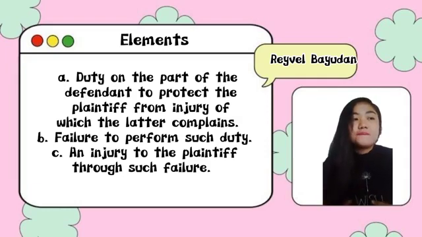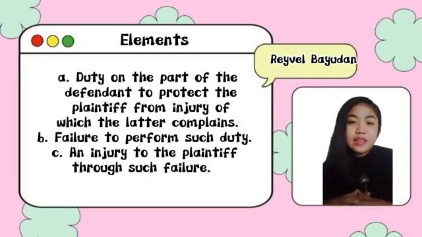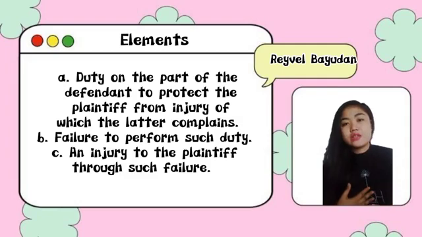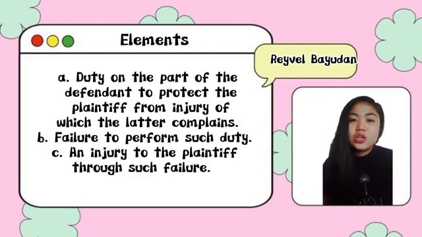So, in this example, Paulo is a passenger. So, there is a contract between Paulo and the owner of the taxi company. So, ano yung contract nila? Ang contract nila is, syempre, magbabayad naman si Paulo ng fare. So, dapat para kay Paulo naman is, dapat maihatid siya sa kanyang destination na safe.